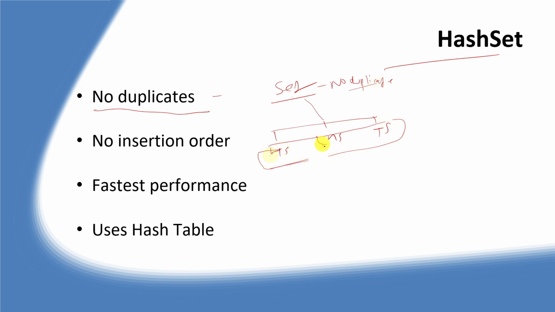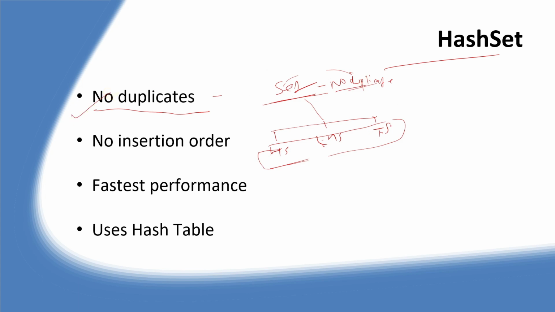Why? Because all three implementation classes implement the Set interface, so they have that property. So for HashSet, the first point is no duplicates are allowed.